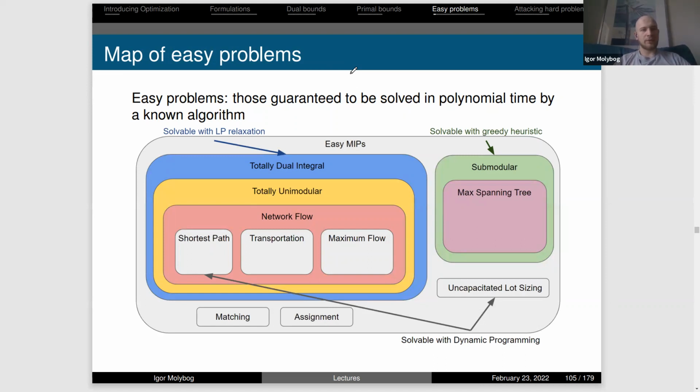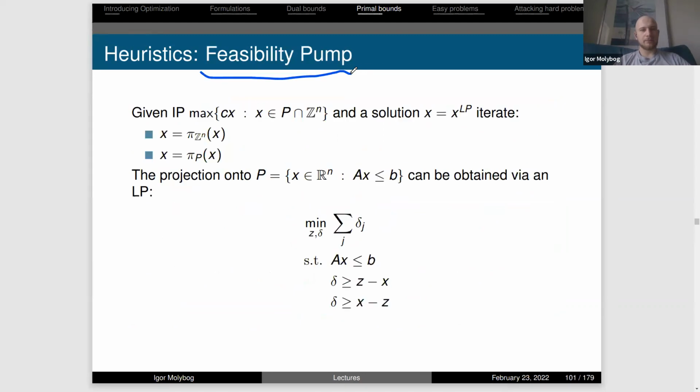Can we go over the feasibility pump quickly? Yeah. So essentially, it's a heuristic where you are basically using fixing and projection or rounding iteratively.